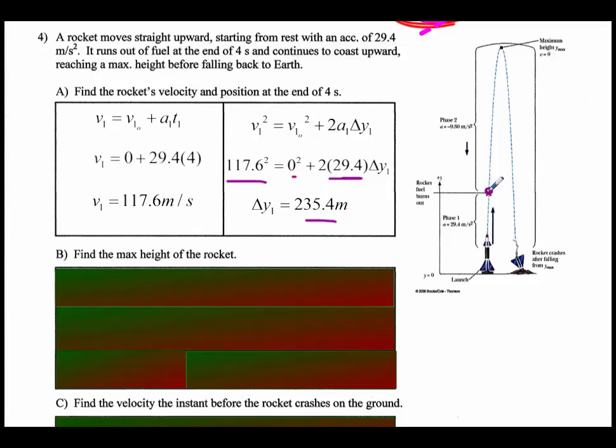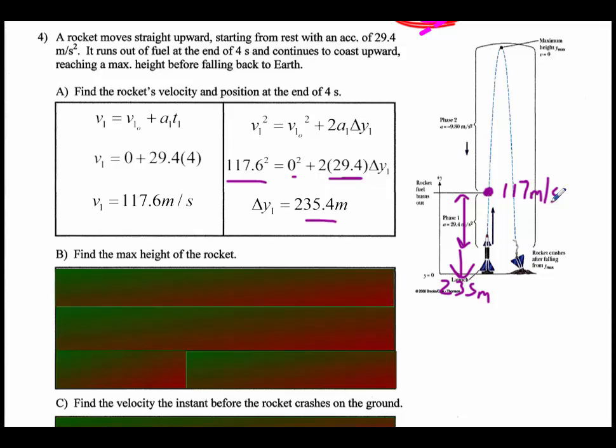So we now know at this point right here, it is going 117 meters per second, and the rocket is 235 meters off the ground, right? Obviously it's 235.4 and 117.6, but you get the idea.